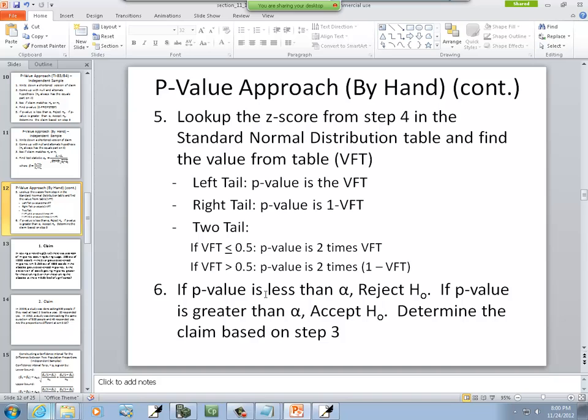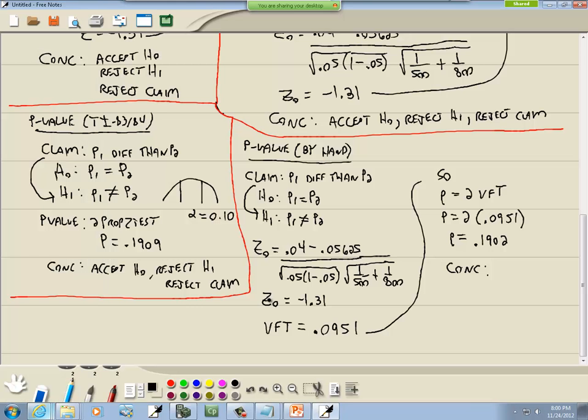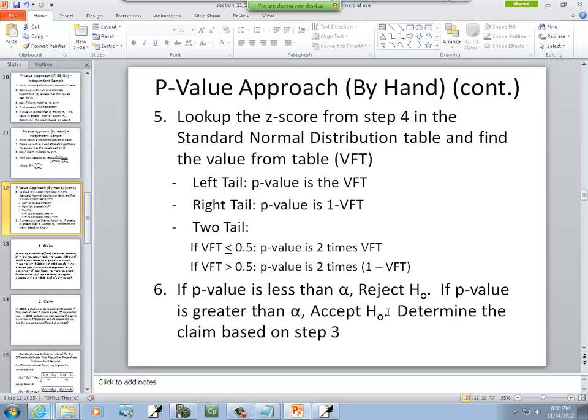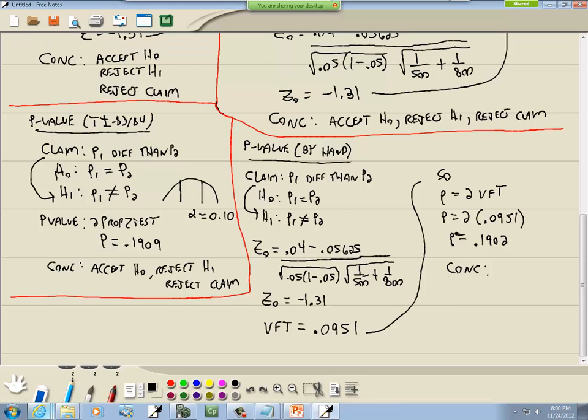Okay, our conclusion. If p-value is less than alpha, it's not less. If p-value is greater than alpha, we accept H naught. So our conclusion is we accept H naught. That means we reject H1. And since our claim matches H1, whatever we say about H1 is what we say about our claim. So we'll reject our claim. And those will be our answers.